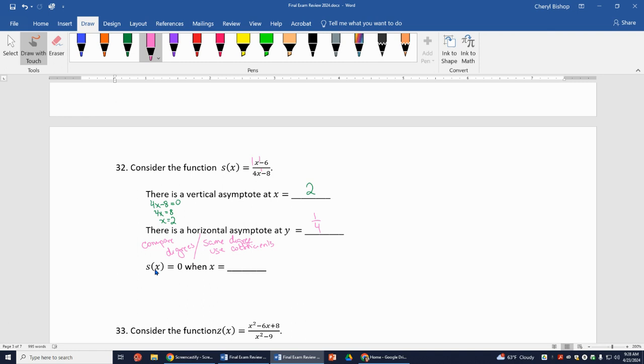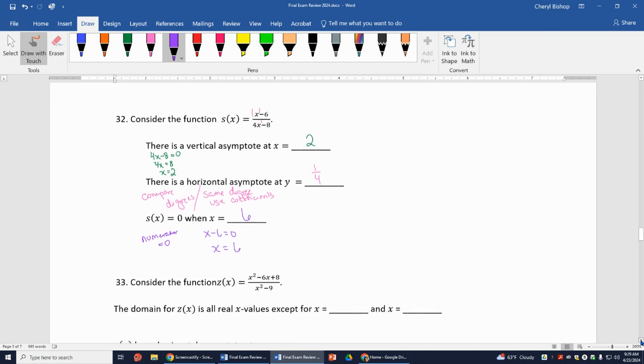Okay, and then when does the whole equation equal 0? The whole equation equals 0 if the numerator equals 0. So x minus 6 equals 0 when x equals a positive 6. Okay, all right, let's skip number 33 and go to 41.